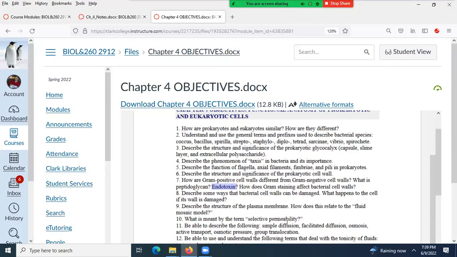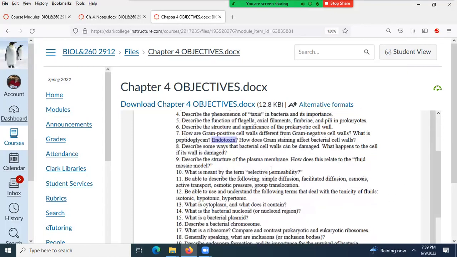And this relates to the fluid mosaic model of the plasma membrane. The fluid mosaic model mentions that the membrane is a liquid, and it's holding the cell wall to the cell membrane together.